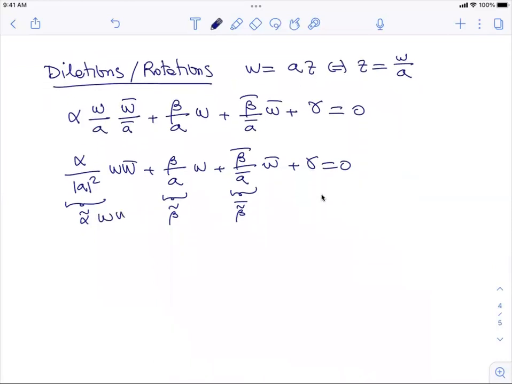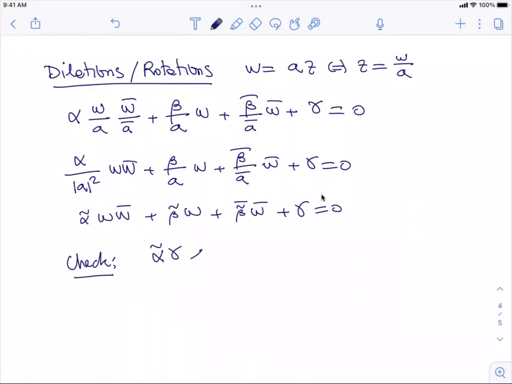I was being a bit lazy there, but let me not be lazy and write the whole thing. There we go. And now we need to check that alpha tilde gamma is less than the modulus of beta tilde squared.